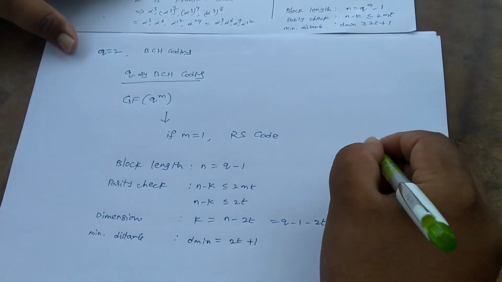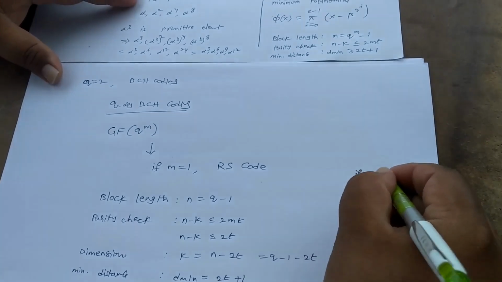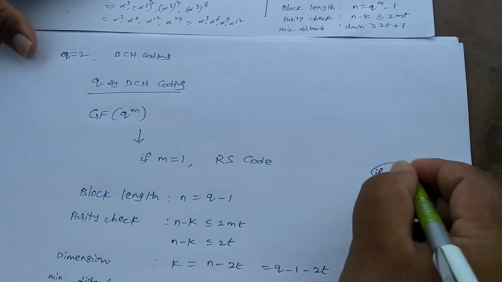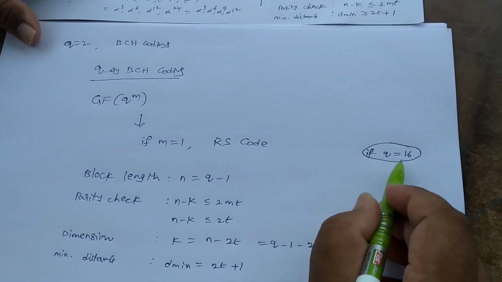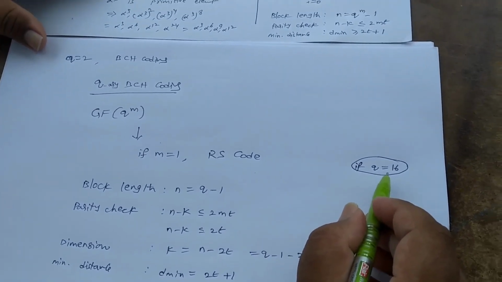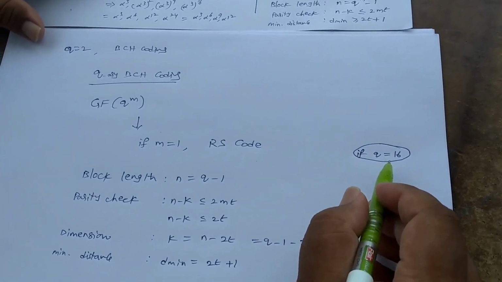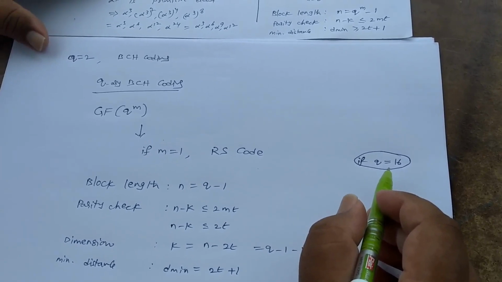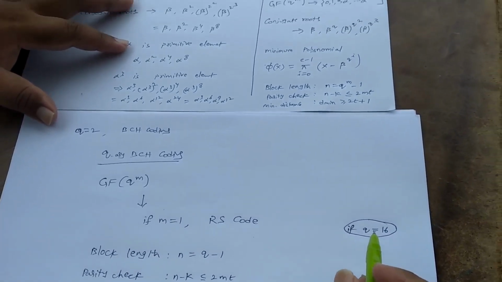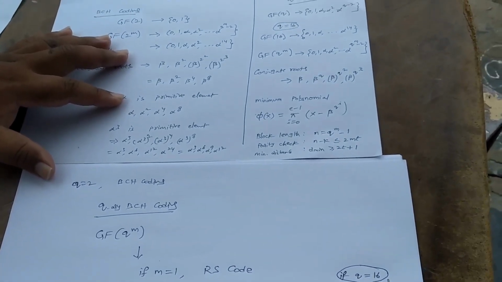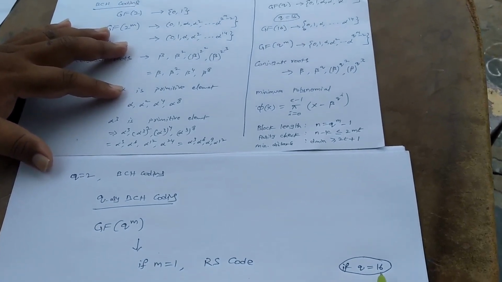For example, if q is equal to 16, the reason for taking q equal to 16 is that in BCH coding we are taking the example GF of 2 power m with m equal to 4, which is nothing but GF of 16. So that's why I'm taking q is equal to 16.